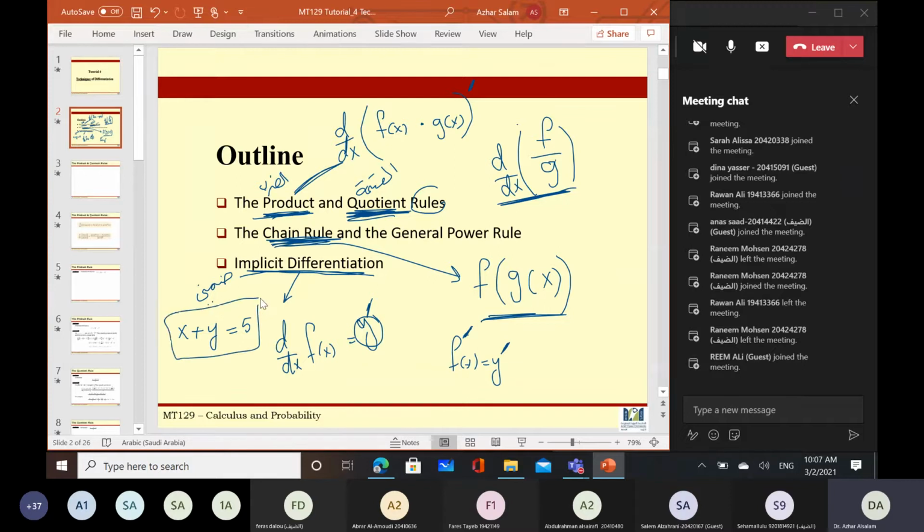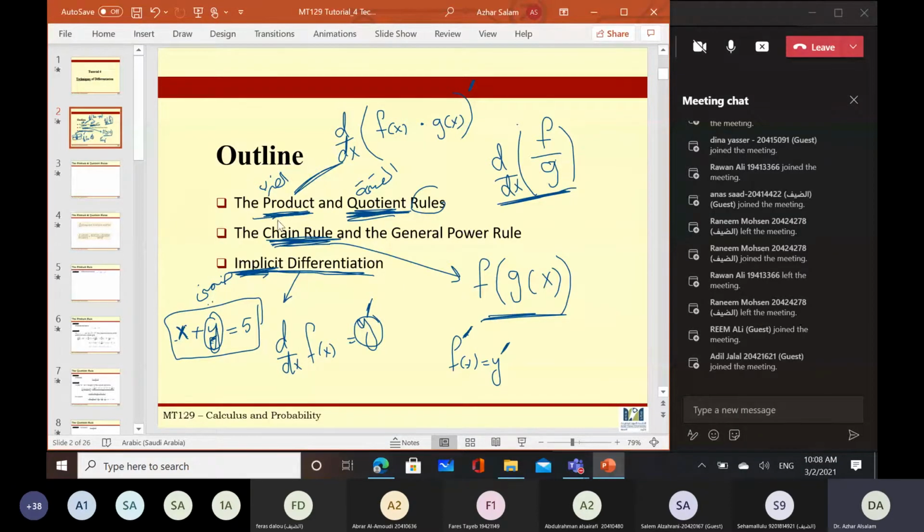Okay, this is an equation containing 2 variables. One of these variables is y. Y is actually a function of variable x. Okay, it's not an independent variable, it's dependent. Of course, when do I use the implicit differentiation? When the dependent variable y is inside the equation, not isolated on one side, in addition to the independent variable x. Here I will use a method called implicit differentiation.